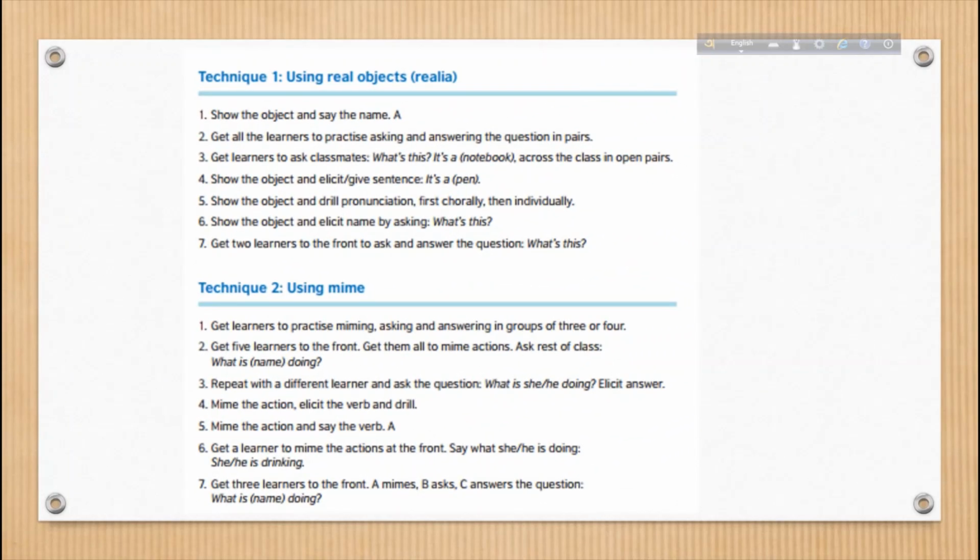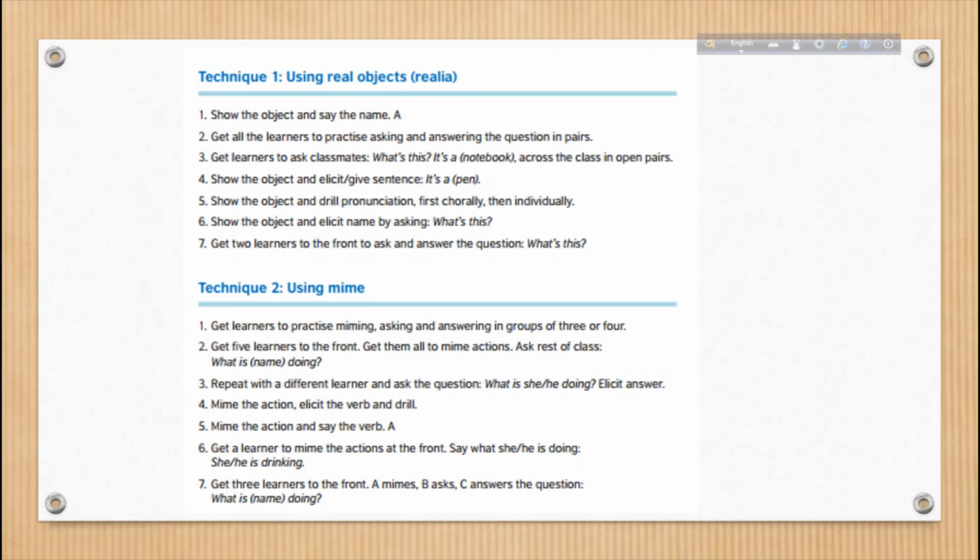At the beginning of the session, there is a sheet of paper. This paper we bring from our TMT book. At first we show the participants these techniques, that is using real objects or realia.